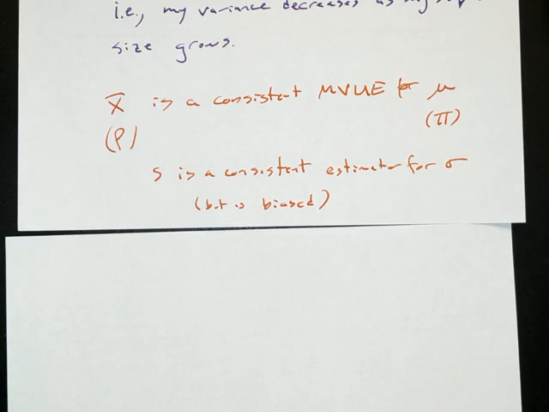So if I am using one of my unbiased estimators or one of my consistent estimators, I want to know what the PDF is for my estimator so that I can figure out how far off my estimate is.